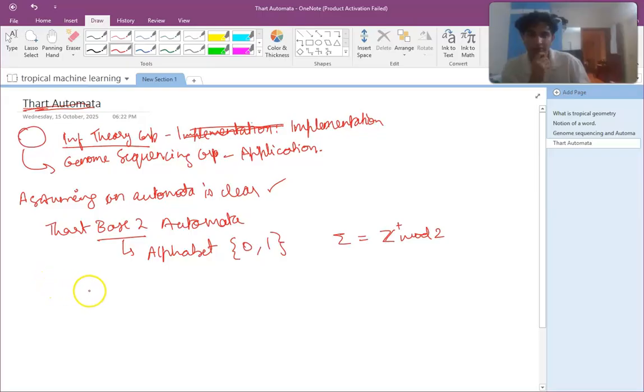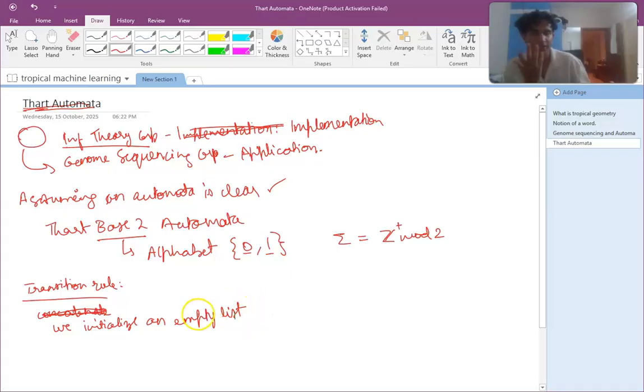And so we have 0 and 1 as our alphabet, and the transition rule is as follows. Step 1: we initialize an empty list, or some sort of array or anything.